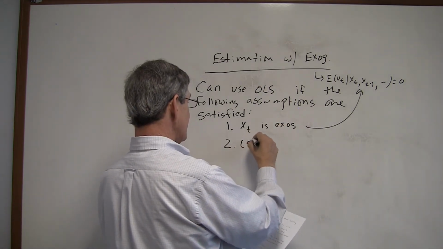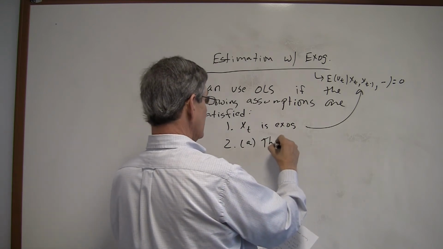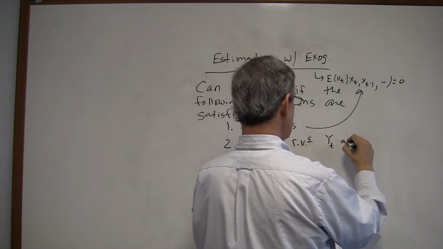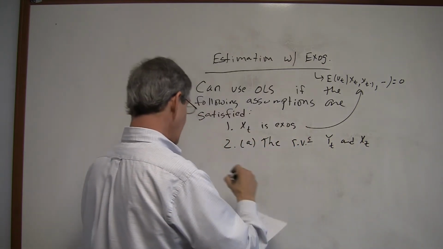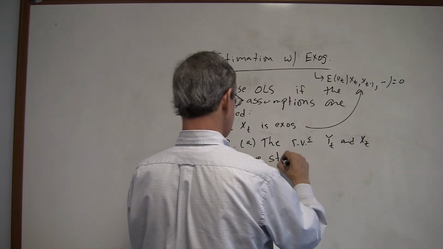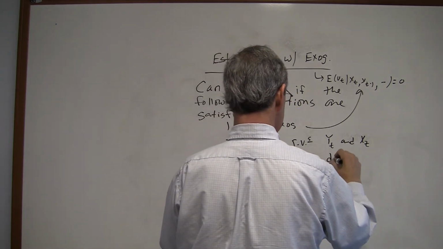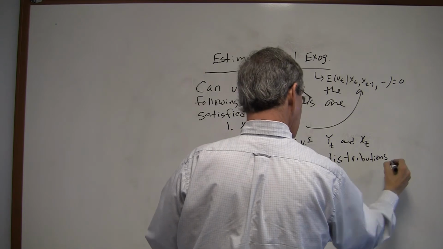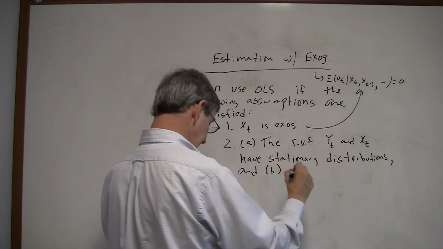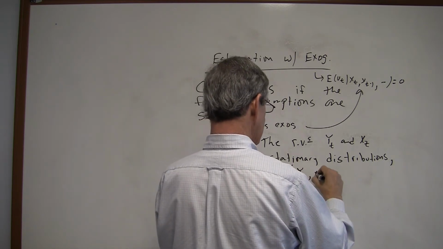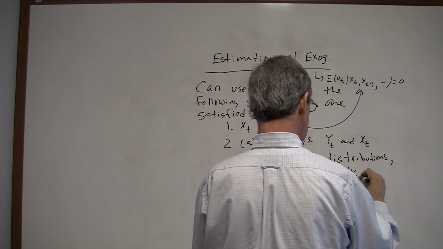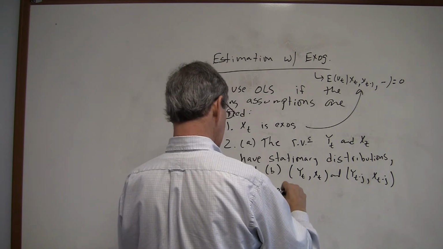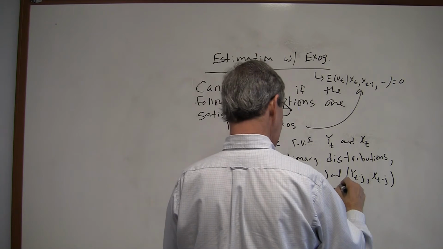The second condition is one we ran into in chapter 14. (a) The random variables Y_t and X_t have stationary distributions, and (b) Y_t, X_t and Y_{t-j}, X_{t-j} are uncorrelated as j goes to infinity.